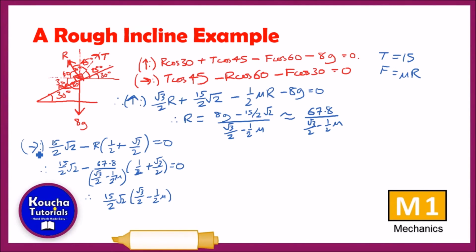This cancels out, minus 67.8 times half plus root 3 over 2. So there's a mu missing somewhere. Yep, there's a mu here, from the F. Mu equals 0, because this comes from the F. Yep.